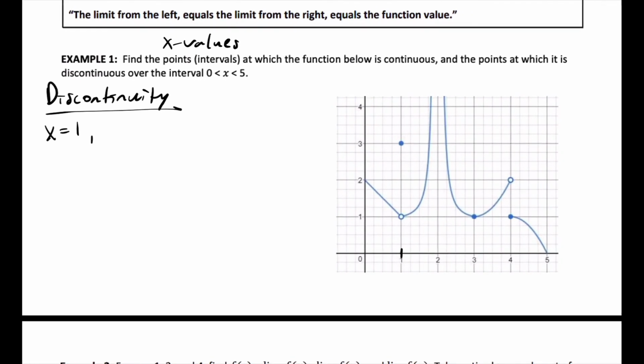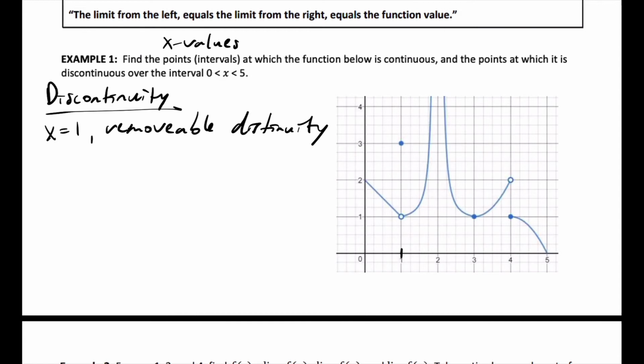Let's go with 1. Why is it discontinuous? What's going on there? What type of discontinuity? Removable. So we would say removable discontinuity. Okay, so now we're done with that one.